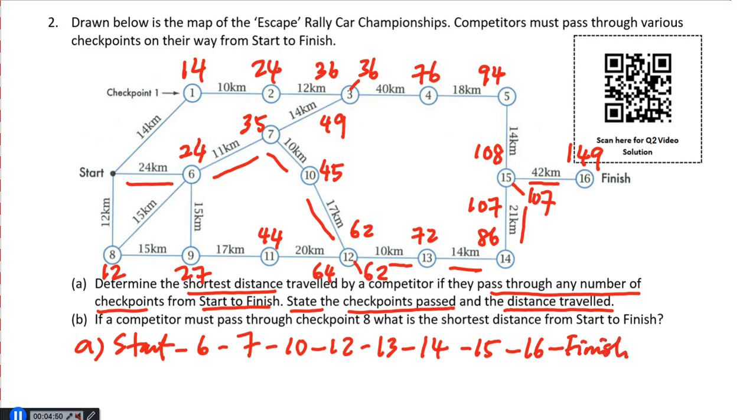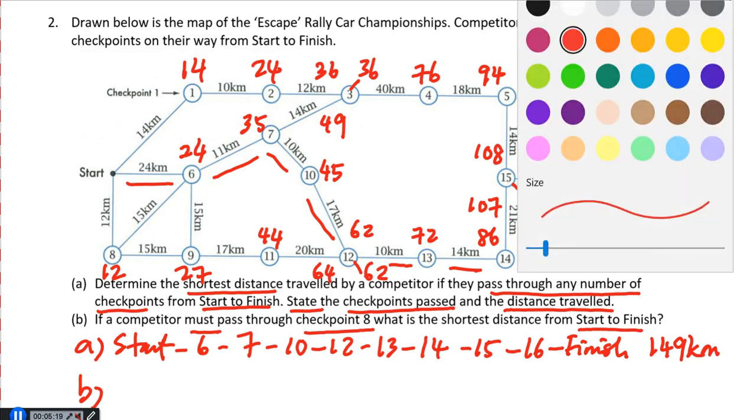Okay, so what is the distance traveled? For this one, the distance traveled here will be 149 kilometers. As for B, if the route must pass through checkpoint 8, what is the shortest distance from start to finish?